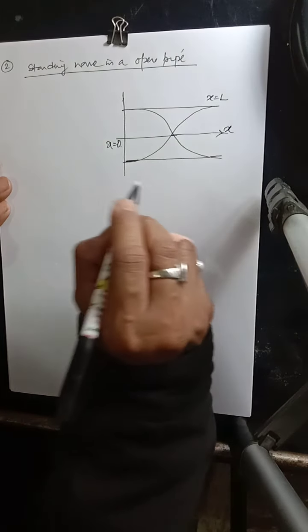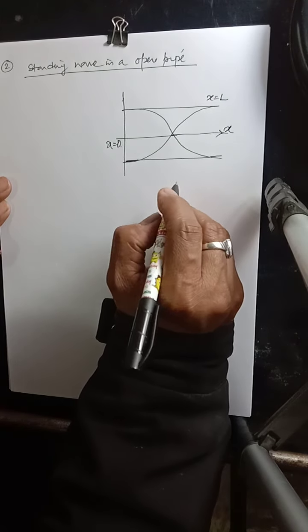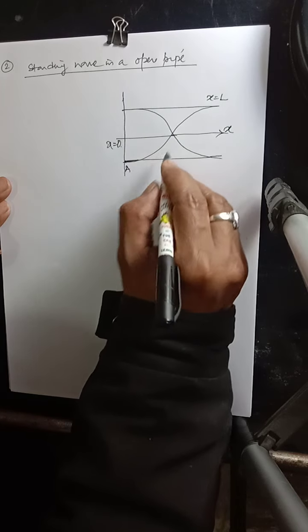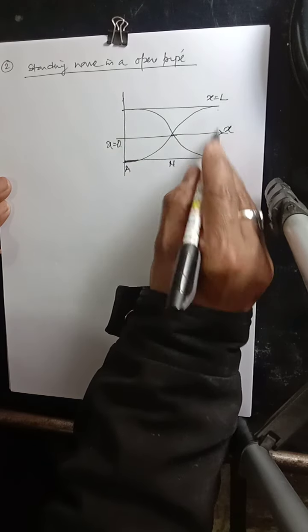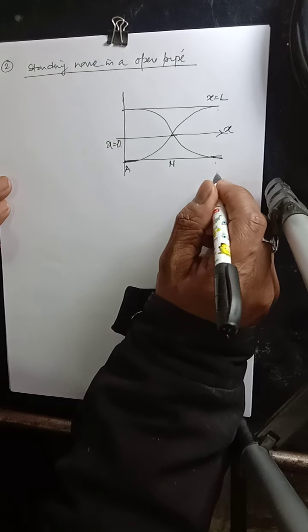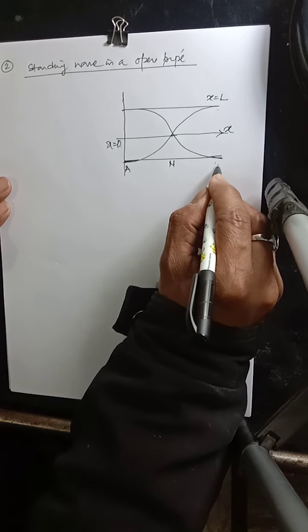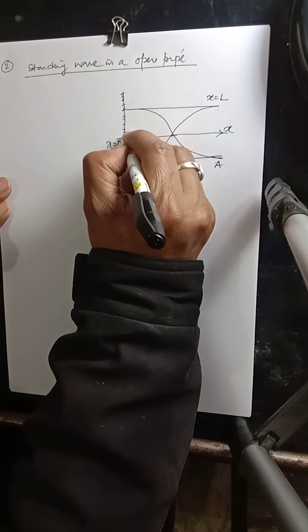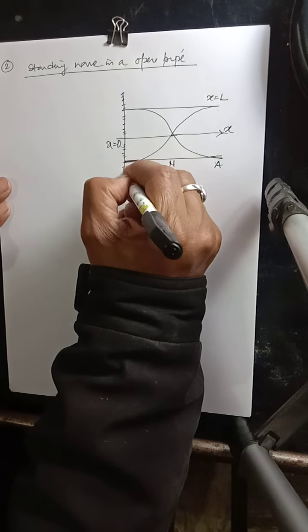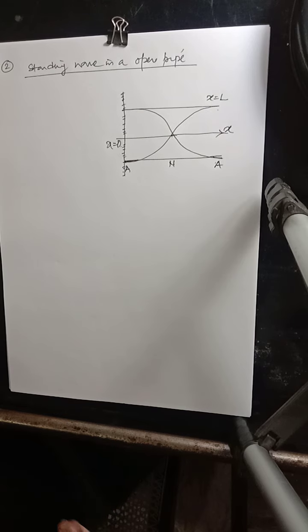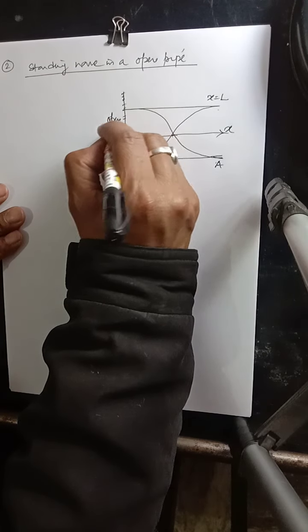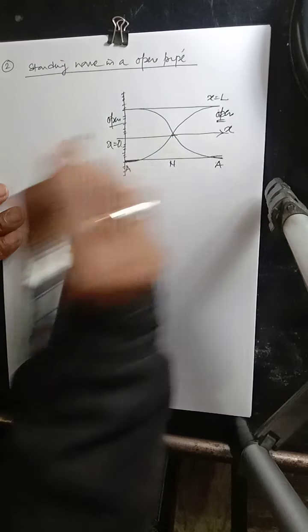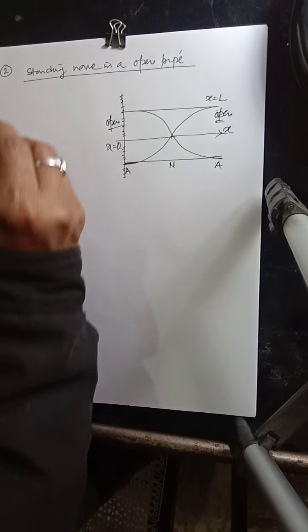This is the direction of x. These points are antinodes. This is only an axis. Here it is open and here it is open. Both ends are open.